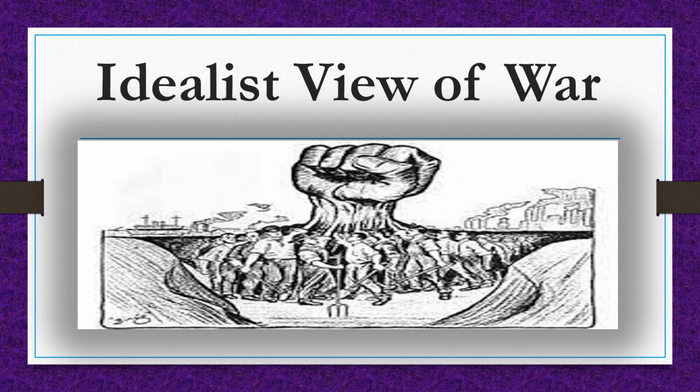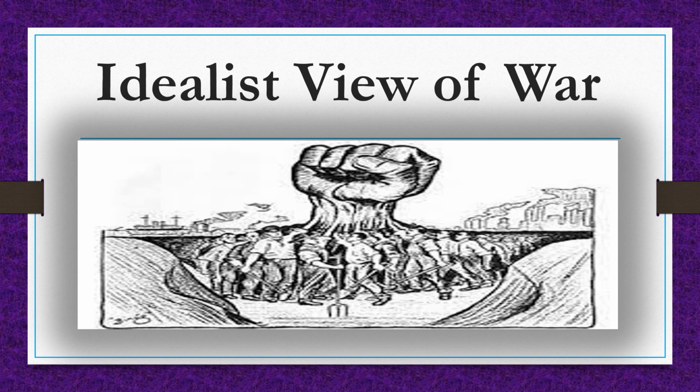Some idealist thinkers argued in favor of the rule of international law as a means of avoiding wars. In this scheme, nations would denounce war as an instrument of national policy.